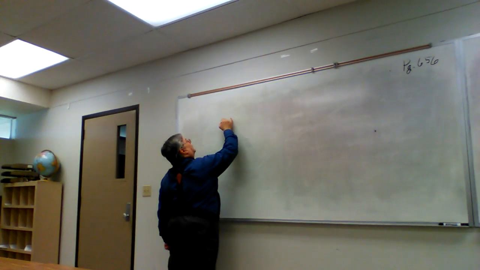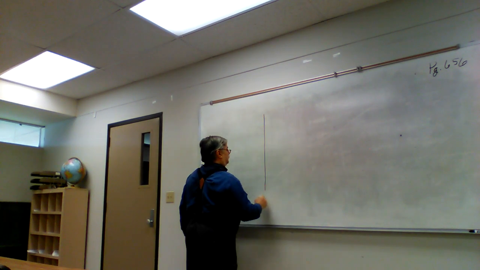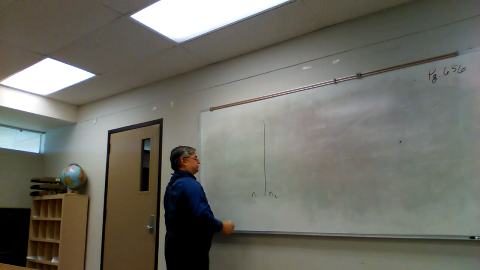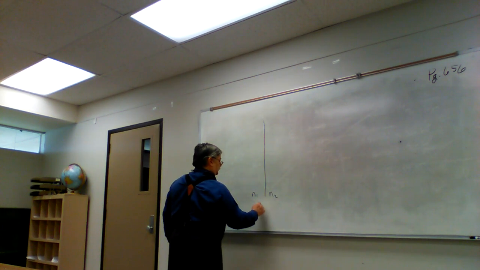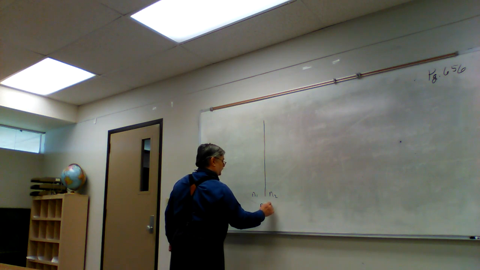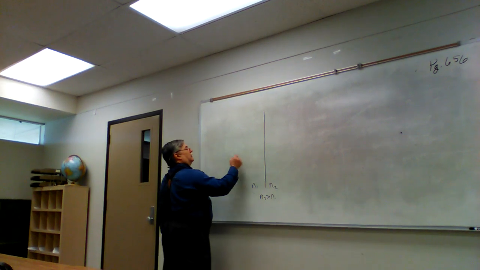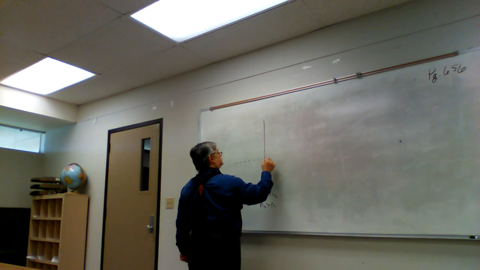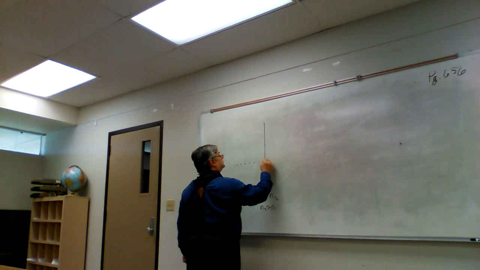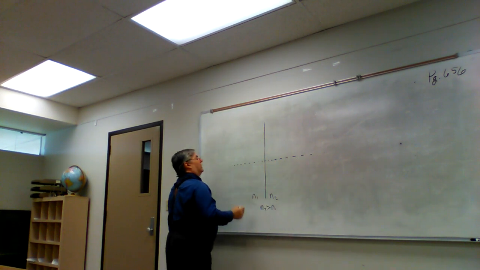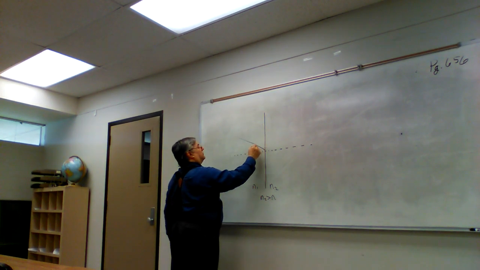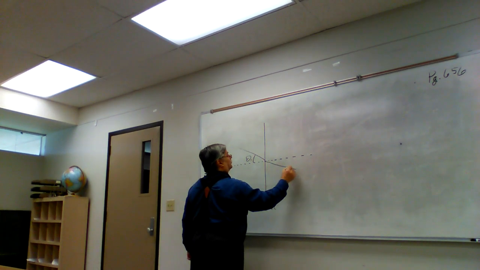what do we know? We know that if you have two materials where you have N sub 1 and N sub 2, and we're going to assume that N sub 2 is greater than N sub 1, you have your angle of incidence and your angle of refraction.